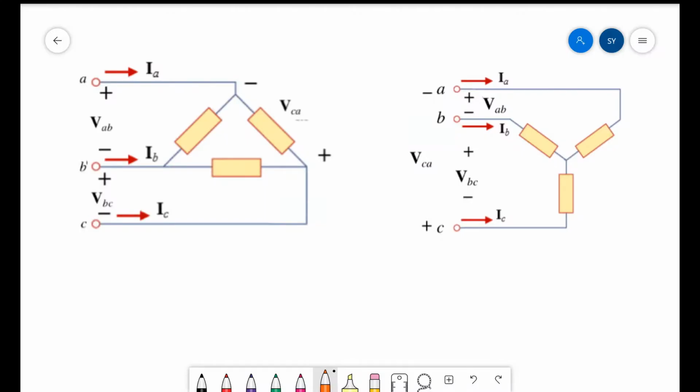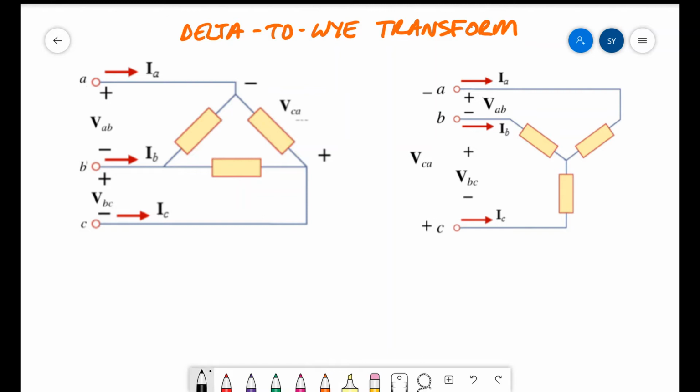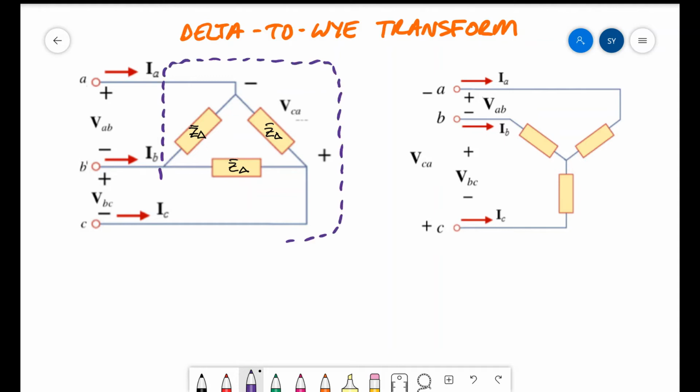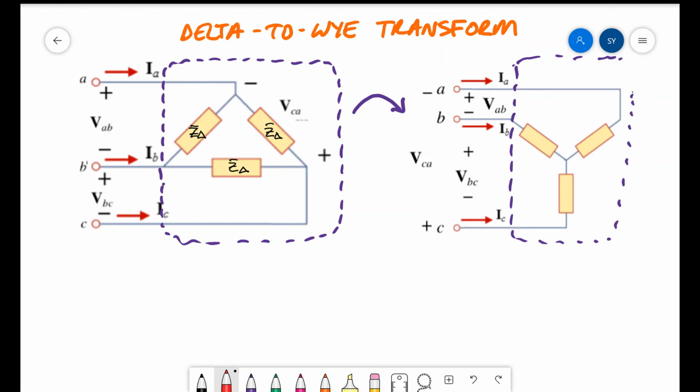Now that we've discussed the phase and line quantities for a delta-connected system, we can actually start talking about the Delta-to-Wye Transform. We already previewed that this transformation was key for us to be able to solve Wye-Delta systems efficiently. The key to this technique is that if I have a balanced delta load that has an impedance in each leg of Z delta that are all the same, then I can convert that delta load into a Y load, according to the transformation factor that each of the impedances in the Y have to equal a certain ZY.